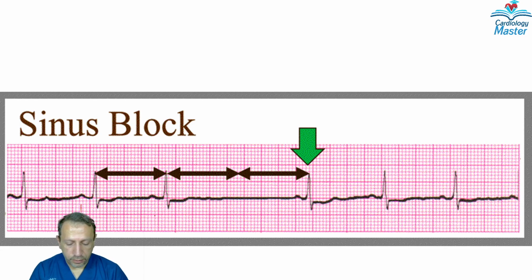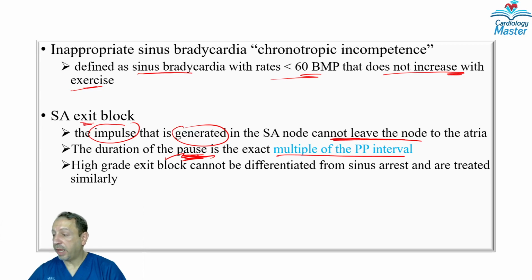This is the P wave, this is the P wave, and this is the QRS, and this is the QRS. And here is a QRS. The other QRS should be exactly here, and the P wave should be exactly here. So when the pause is the exact number of the PP interval, or the RR interval, this is called an exit block.